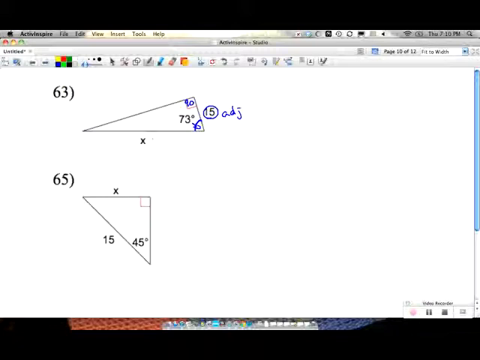That means that I have, well, let's look at my relationship. So, ka, toa. I got the adjacent and the hypotenuse. That means I'm going to be using cosine for the first problem, number 63. So we got cosine of 73 degrees is equal to the adjacent over the hypotenuse.